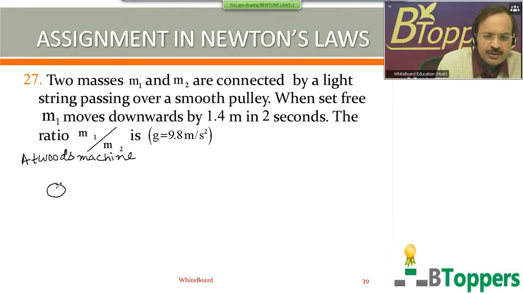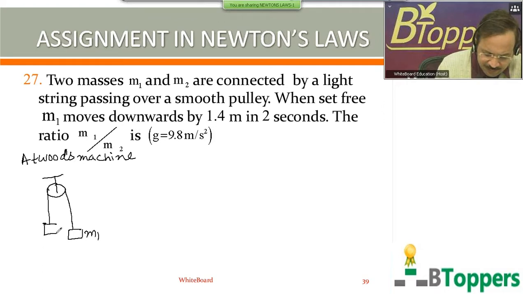That means, as I discussed earlier, if two masses M1 and M2 are connected by a light string which passes over a smooth, light and fixed pulley, then when the two masses are released from rest, the heavier mass moves downwards and the lighter mass starts moving upwards. It is given that M1 starts moving downwards, so you can conclude that M1 is greater than M2.